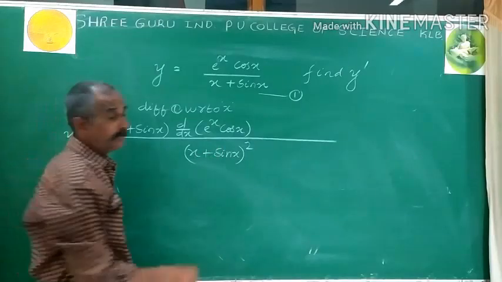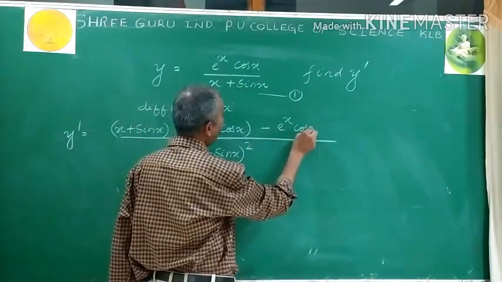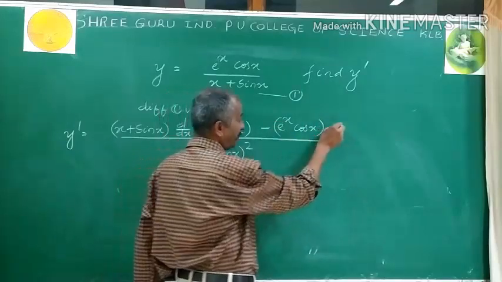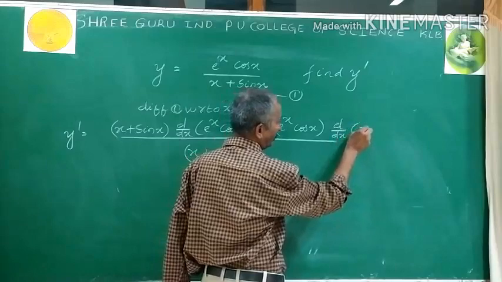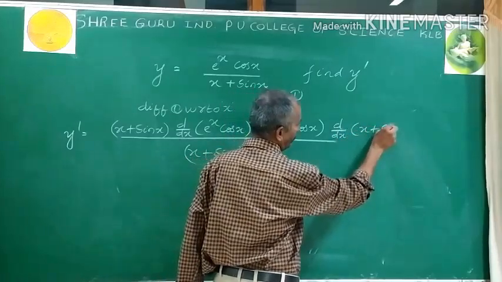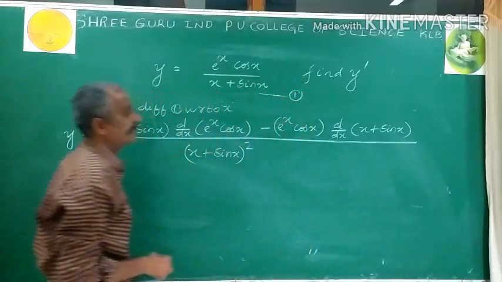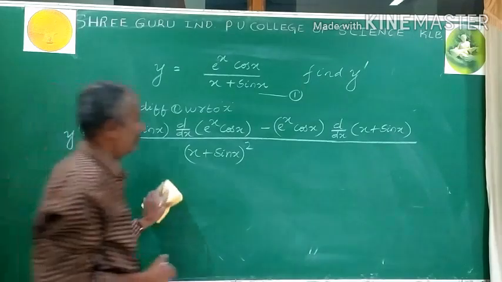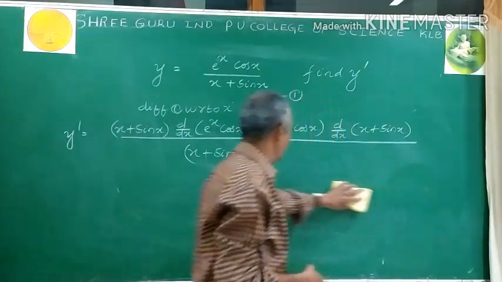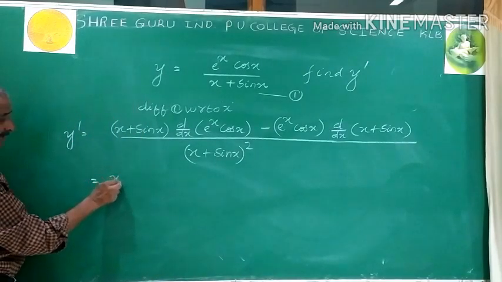Minus numerator e power x into cos x as it is, multiplied by the derivative of x plus sin x. We applied according to the quotient rule scheme. Next step, x plus sin x in.